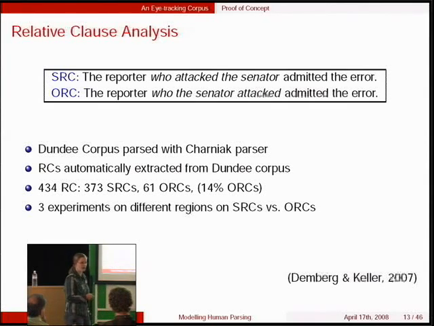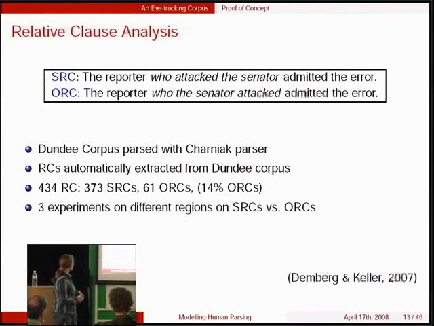Subject relative clauses are more frequent, so that's fine. And then I did 3 experiments on the different regions, for example comparing the reading times on the relative pronoun in the 2 different sentence types, and comparing the reading times on the verbs in the sentences.